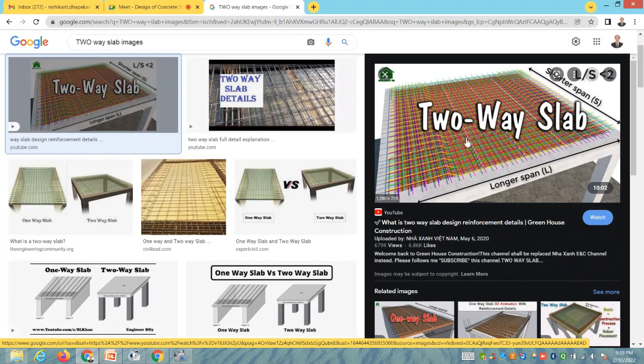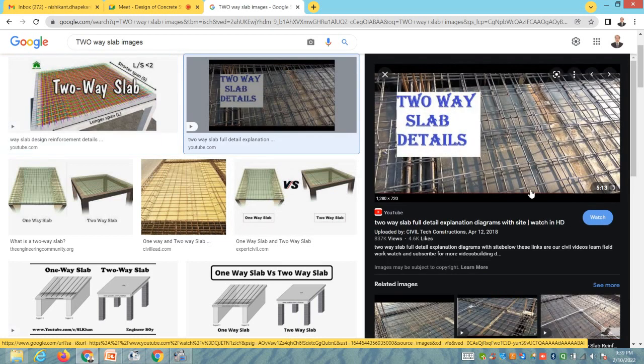We are providing these alternate bent up bars in both the spans. So this is the difference between one-way slab and two-way slab. This is the actual reinforcement. You please see here. You will find that the main reinforcement is provided in both the spans.